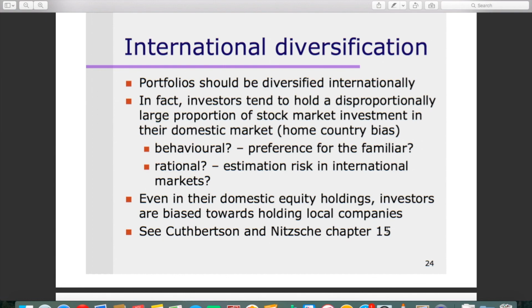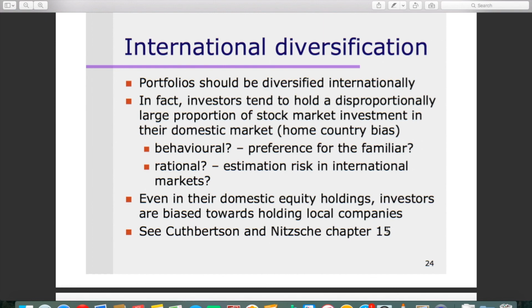So the evidence is investors like to hold more of their home country assets. So they have a disproportionate weighting in home country stocks or home country bonds or their own government's bonds rather than foreign government's bonds. So it's not to say they don't have any international assets, it's that they don't have them proportionally weighted. They have a bias to the home country stocks, home country bonds, and so on.